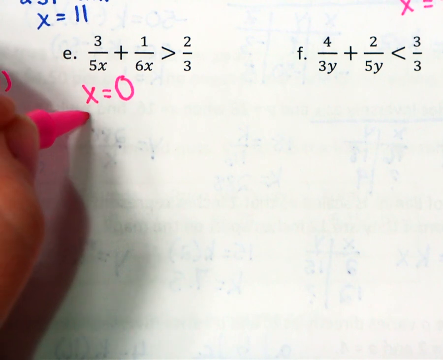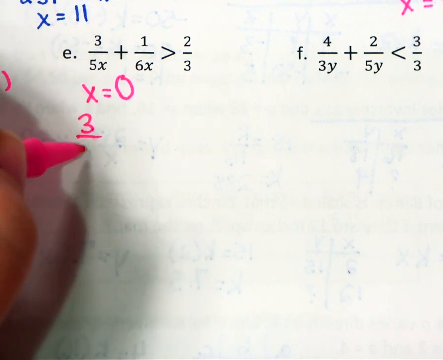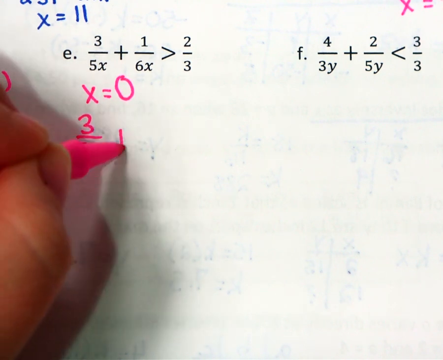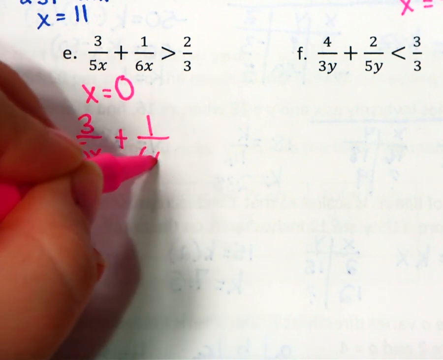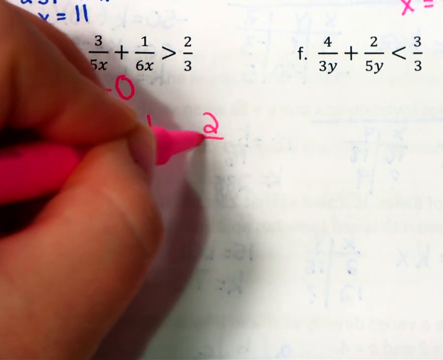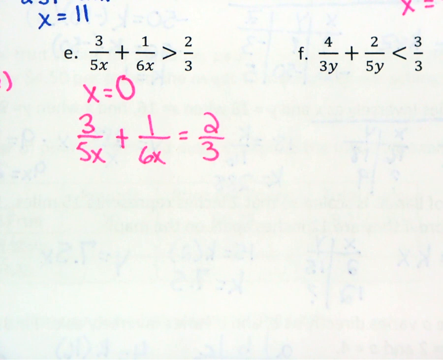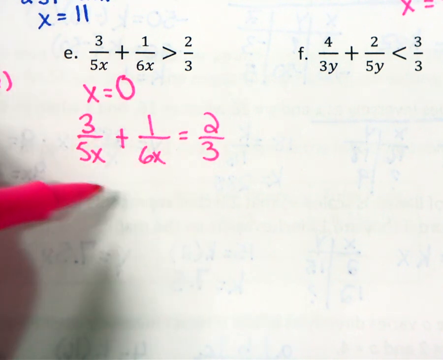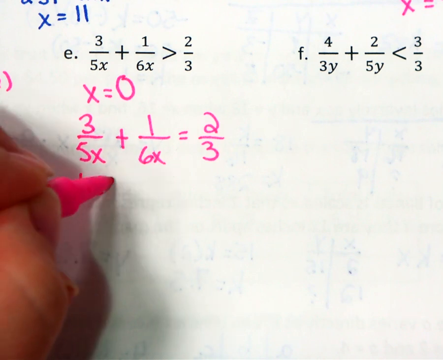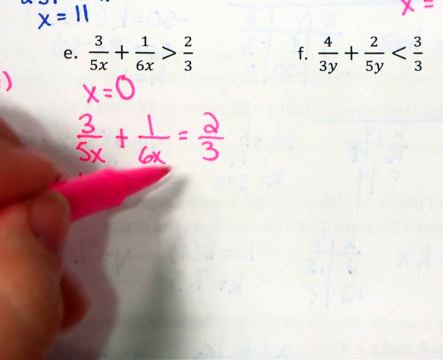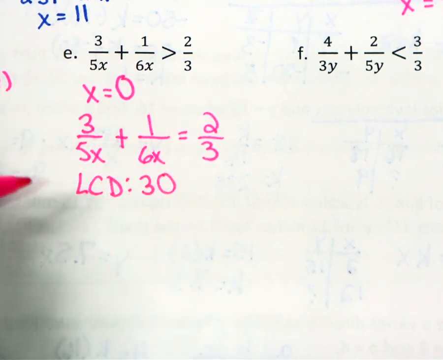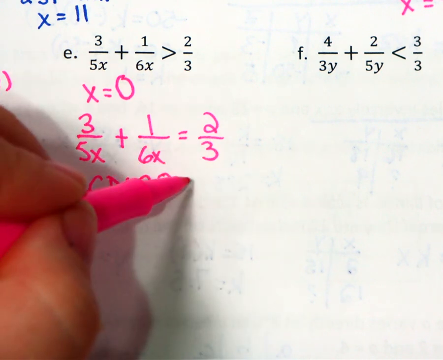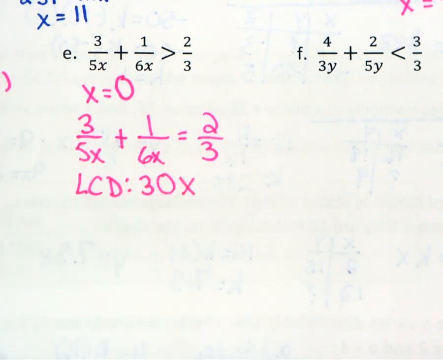Now you're going to solve the inequality just as if it was an equation. So we need a common denominator. I'm going to have 30 is the smallest number that all of them can go into, and each of them has only one x.